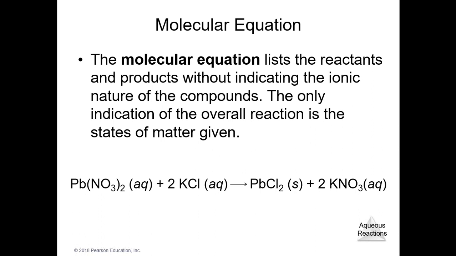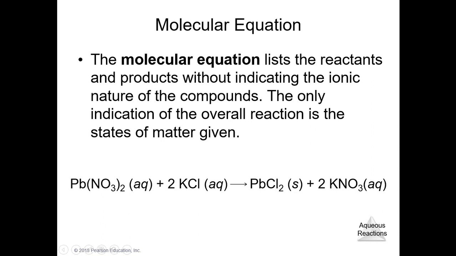How do you write the complete ionic equation? In the complete ionic equation, if it is not a solid, not a liquid, not a gas, you separate it into ions. What does that mean? This is aqueous, right? Not a solid, not a liquid, not a gas. Same here. What about this one? This is a solid.